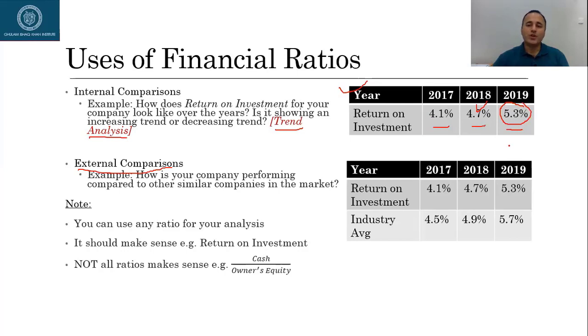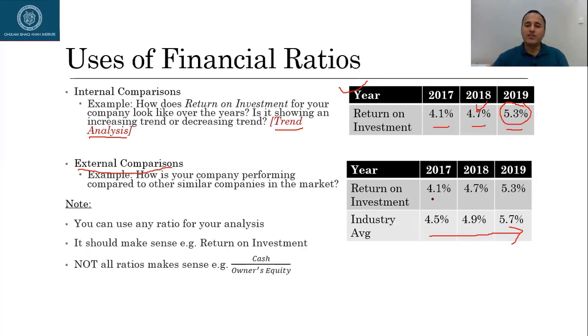It means that your company is moving in the right direction. You're making more money compared to last year. But the external comparisons on the other side suggest a different story. It's not only your company making more money, it's actually an industry-wide trend.